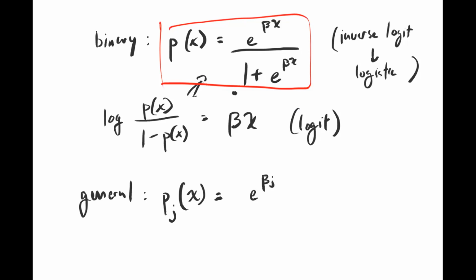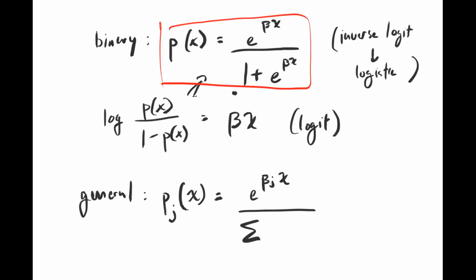So this is the same as before, but we're going to be looking specifically at the betas that are associated with the j outcome, and that's divided by the sum of, oops, sorry about that, the sum of all the possible outcomes here.